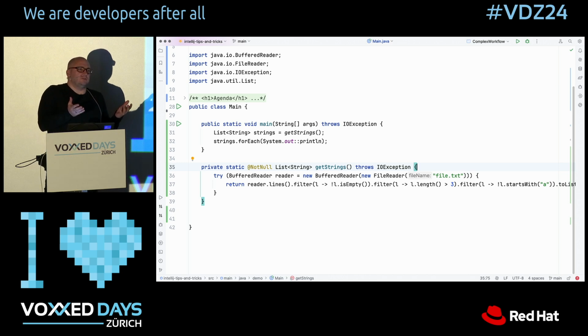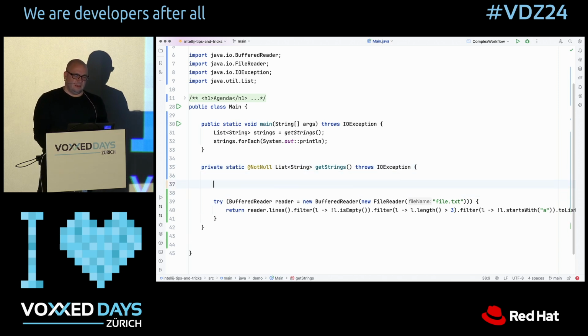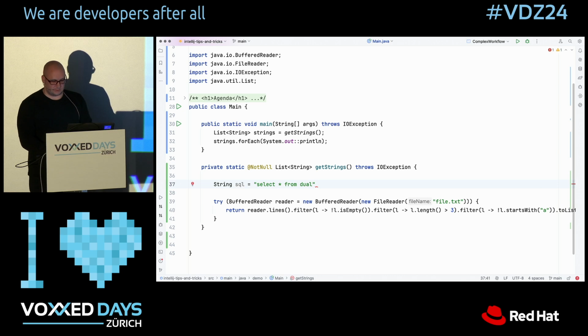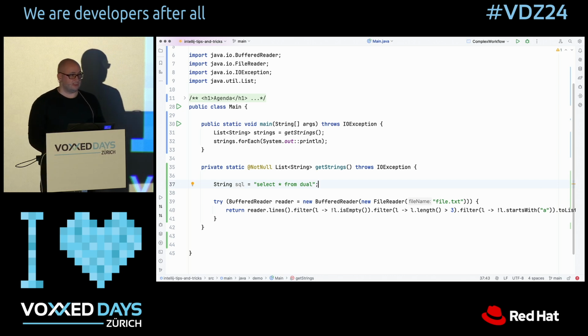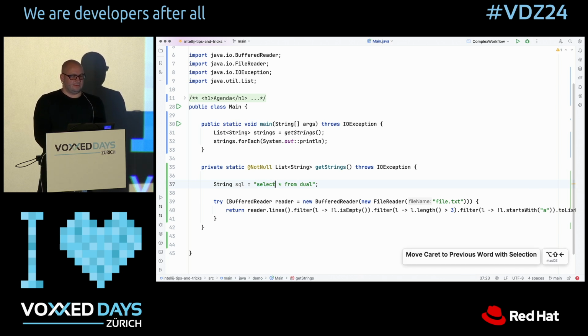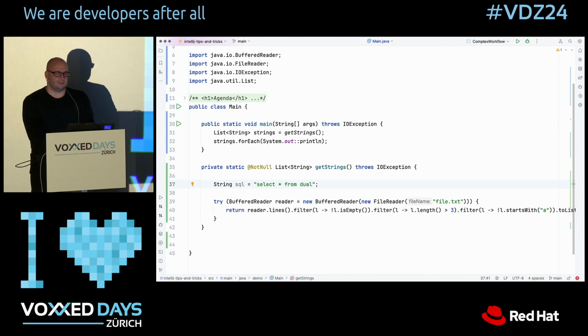For instance, you need to query extra data from the database, and then you might write some SQL in your Java code. Select all from dual. Do you know what the result is? The result is 1 if you are using an Oracle database. Anyways, currently it's a string. The IDE doesn't help us in any way immediately with what's going on there.